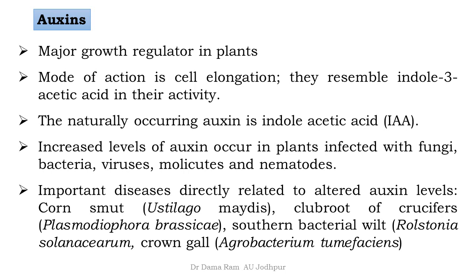The naturally occurring auxin is indole 3 acetic acid, continuously produced in young meristematic tissues of the plant and moving rapidly to older tissues. If auxin concentration is high, it is reduced by the enzyme indole acetic acid oxidase.